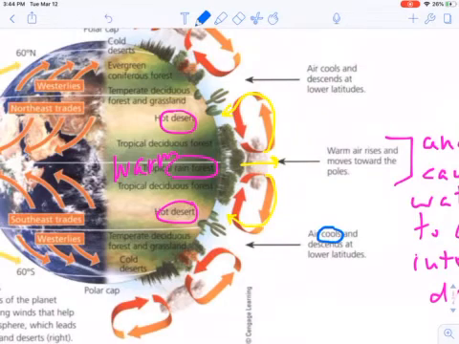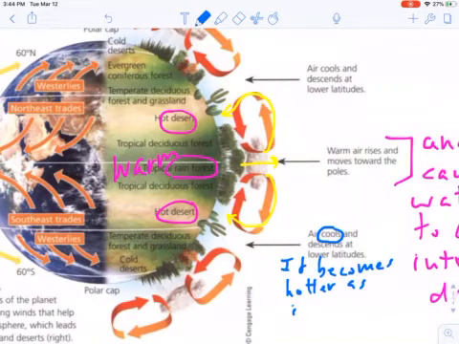So it becomes hotter as it's sinking. Or we can say, using a more technical term, as it descends. And it's also dry air because the moisture that it was holding has already come out as rain. So we get these deserts now above the equator and below the equator.